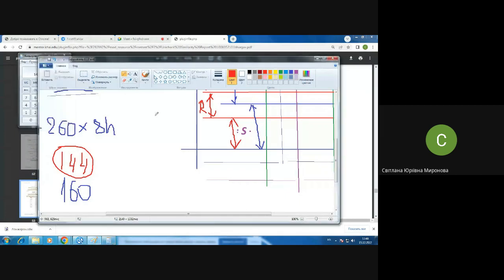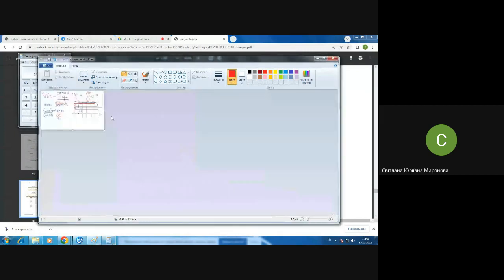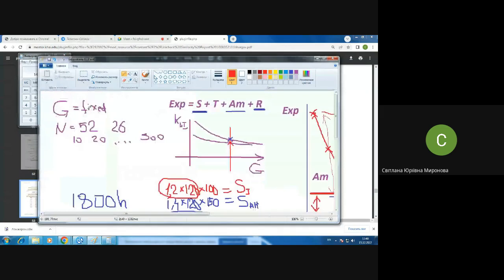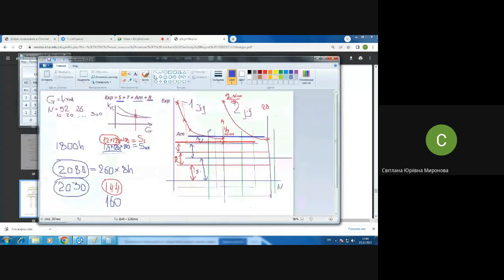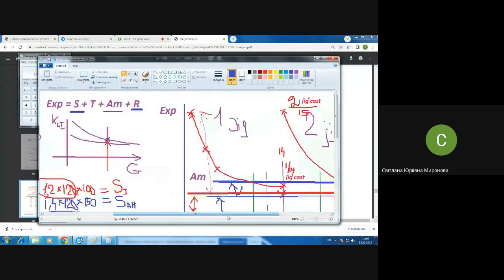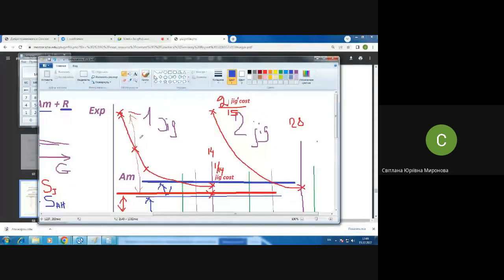A similar story applies to the assembly halls. What is the difference? On one hand, you have much less cost of tooling. Instead of such great tooling as here, at the beginning you will have something like, let it be even, 10 times less.